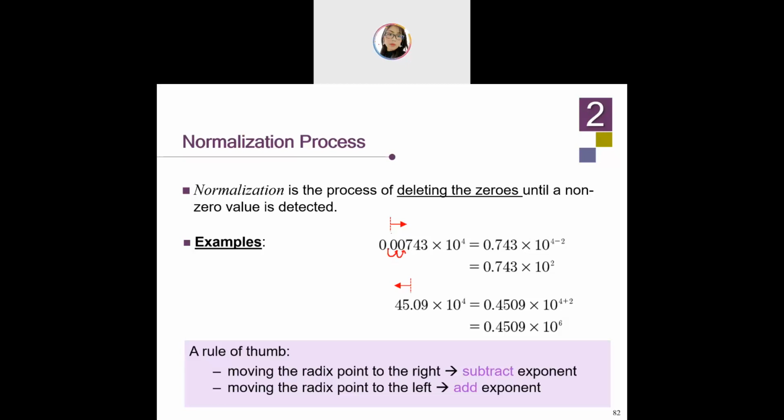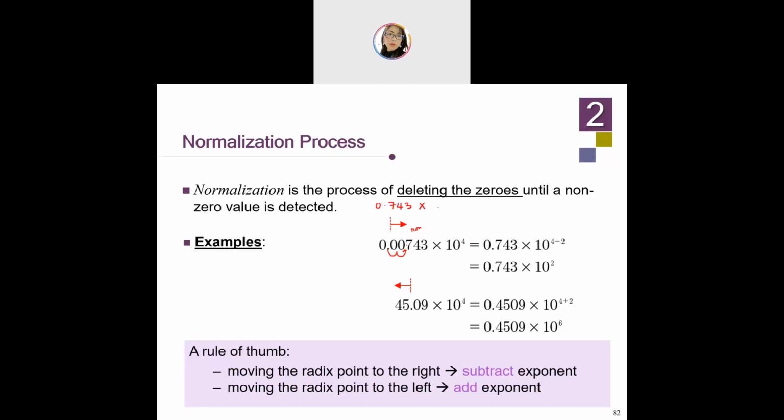Now you are going to move 2 times to the right. That's why when you move to the right, you need to subtract. When you move to the left, you are going to add. That is the rule you need to remember, and this is just normal mathematics. To the right, you deduct. So you move 1, 2, and you find a non-zero.